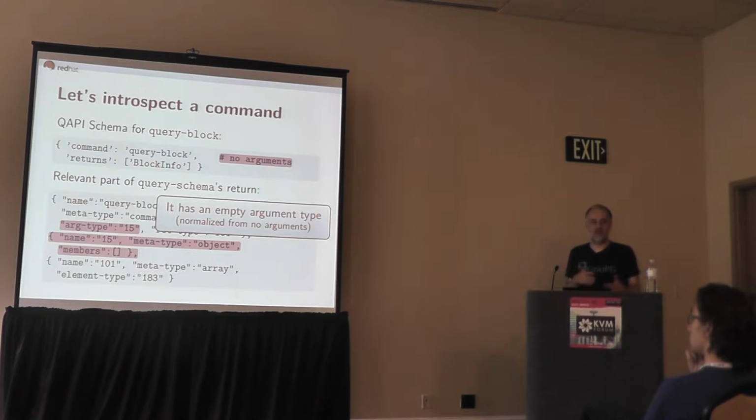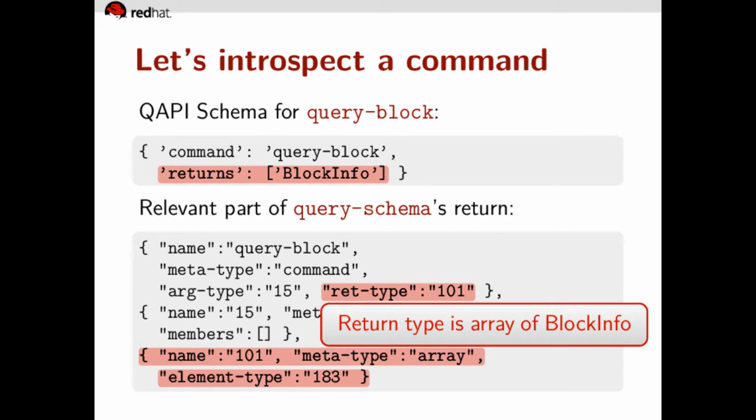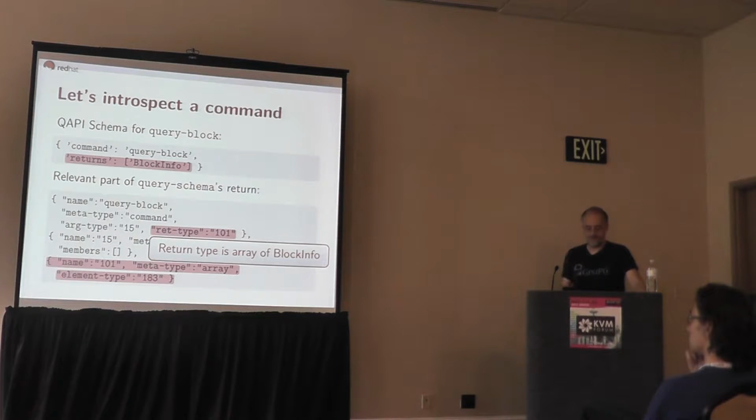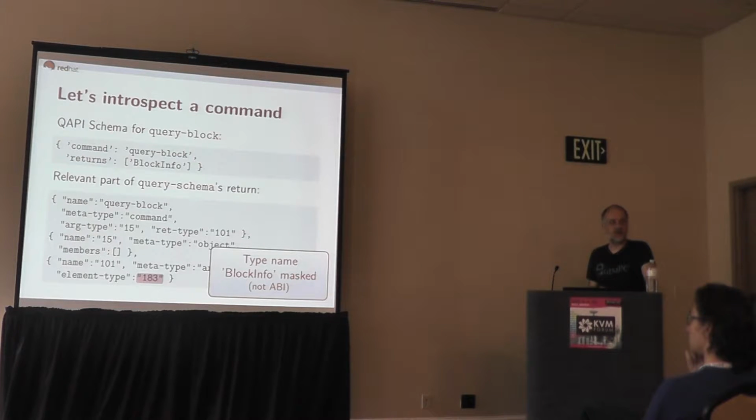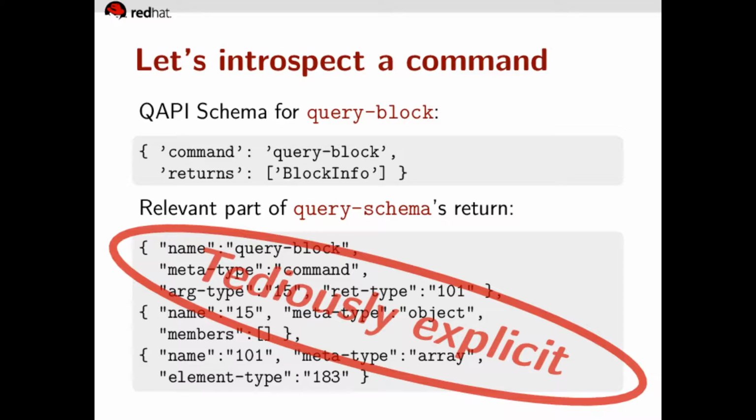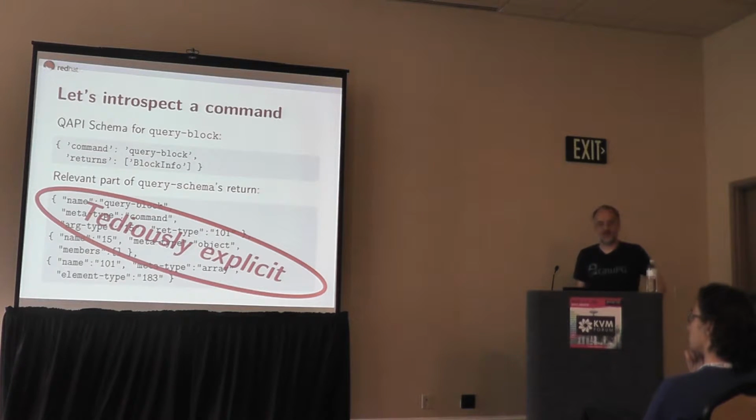So I normalize to empty object for simplicity. And finally, its return type is an array of BlockInfo, except the type name BlockInfo is masked because it's not ABI. Overall, this is tediously explicit on purpose because that's how machines like the input.